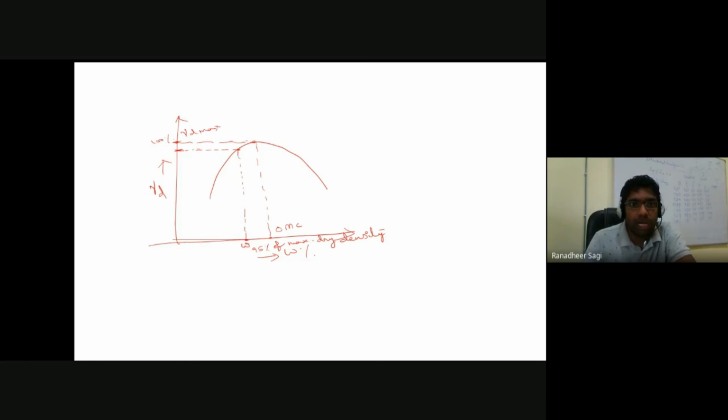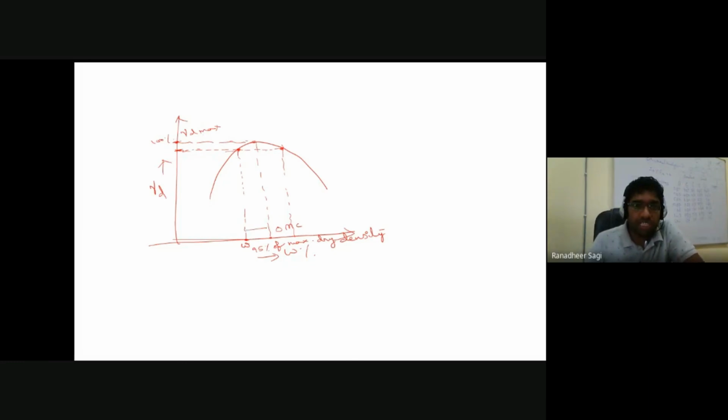So you will have 2 different cases of water contents. I repeat, you'll have 2 different cases of water contents. One is on the left side of your optimum, the other is on the right side of your optimum. On the left side of your optimum, for this much water content, you will get 95% of your maximum dry density. When the water content added is on the right side of your optimum moisture content, for that water content also you will get 95% of your maximum dry density.